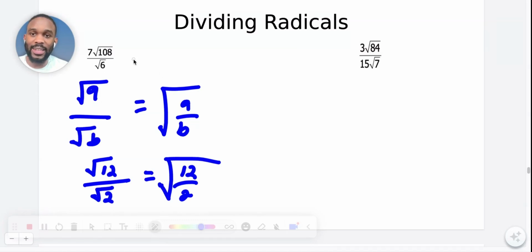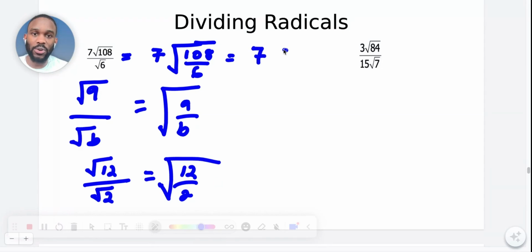So going back to this equation, this is the same as writing 7 and putting everything under one root, 108 divided by 6. And then ask yourself, what is 108 divided by 6? You get 18. So this gives you 7 root 18. You see how that can be simplified?